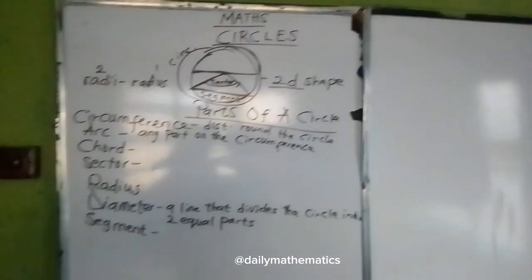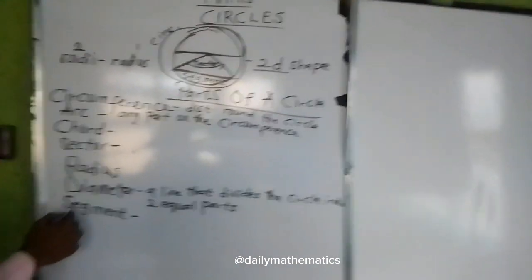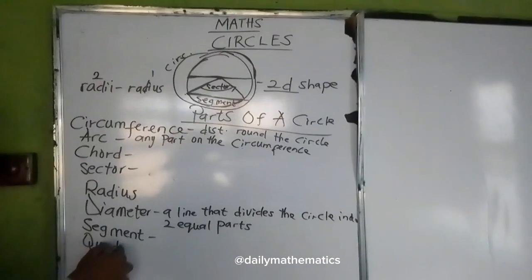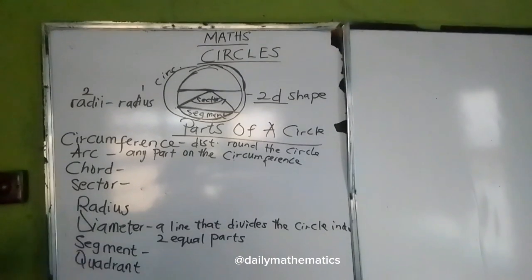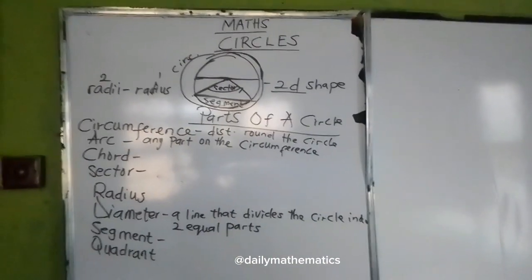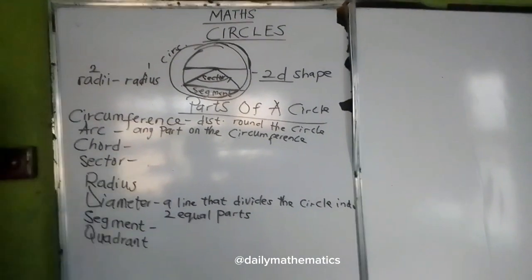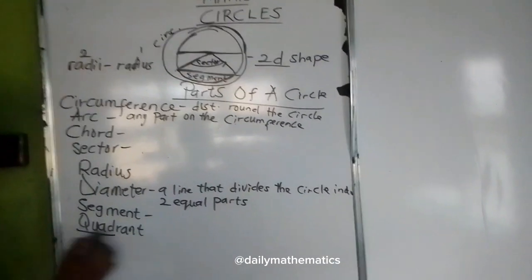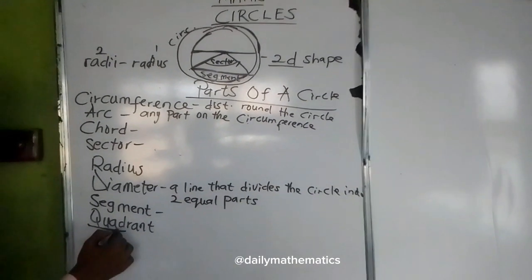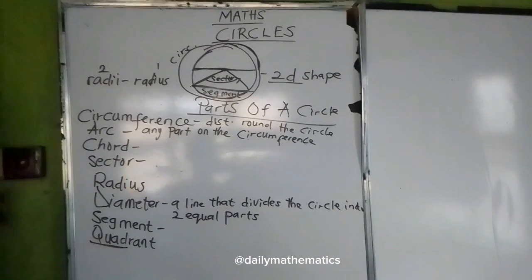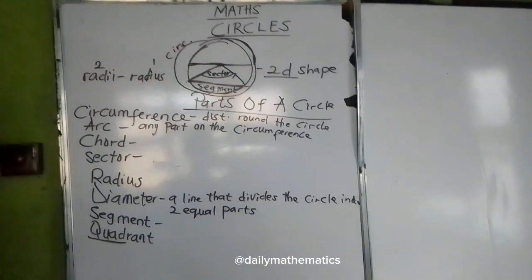The next part of a circle we are going to be looking at is a quadrant. What is a quadrant? A quadrant is a quarter of a whole circle, just like the name implies. Quad means division of 4.